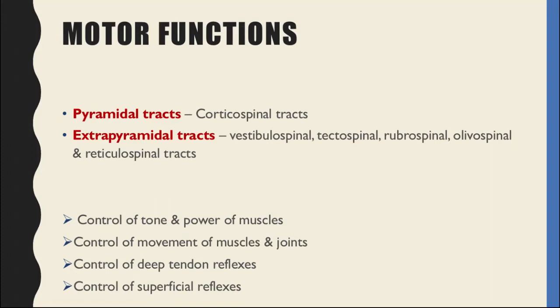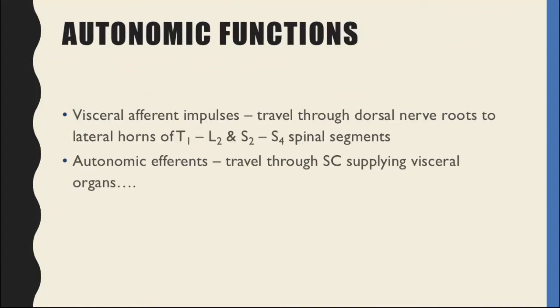And what different motor functions do the neurons via these pyramidal and extrapyramidal tracts perform? One is control of tone and power of the muscles, second is control of movement of muscles and joints, and third is control of the reflexes, whether the deep tendon or the superficial reflex. That is the motor function.